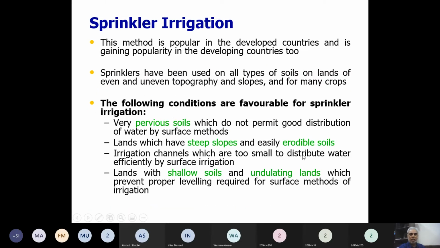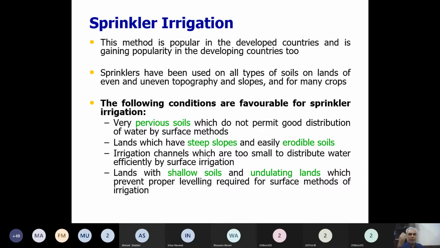The suitable conditions in which this sprinkler method should be utilized are mentioned over here. For very pervious or porous soil, for which we cannot use the surface irrigation method without causing excessive deep percolation. If we use the surface irrigation method on porous soil, high percolation losses are expected.